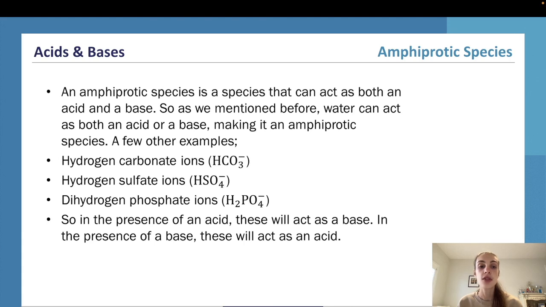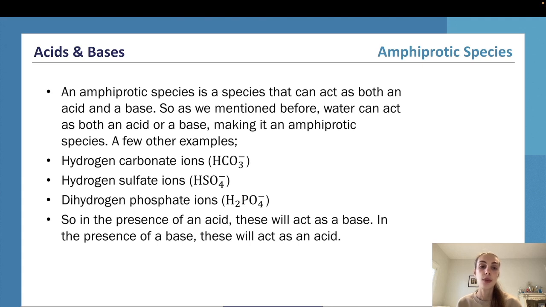Because they have a charge, they have the capacity to accept a proton because they want to attain a stable octet. By gaining a proton, they can then no longer have a charge, no longer be ionic, and become a stable molecule.